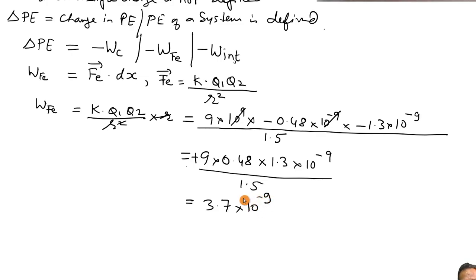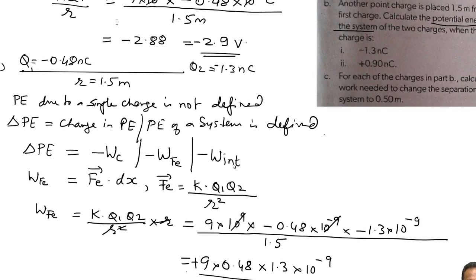Now there is a plus sign. So this is positive 3.7 into 10 raised to minus 9, and this is work done, so it will be joules. But remember, I told you in the beginning that potential energy is equal to the negative of the work done due to conservative force.